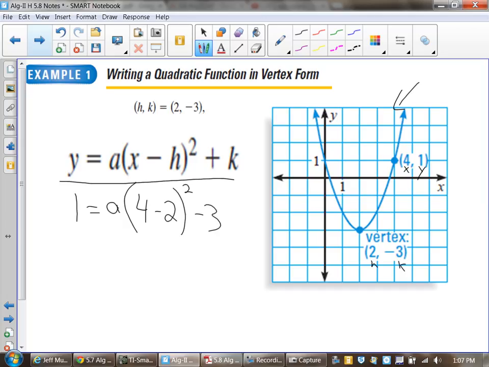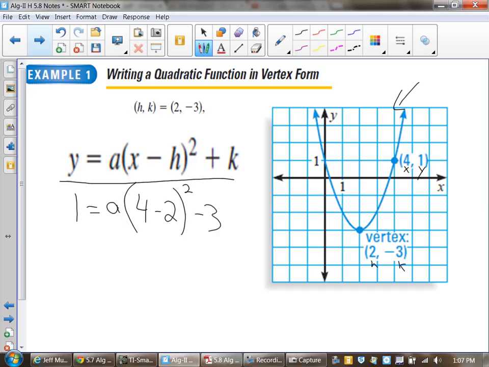Well, 2 is positive, so that's why it's written as x minus 2. H's are always the opposite of what you see. K's are always the same.